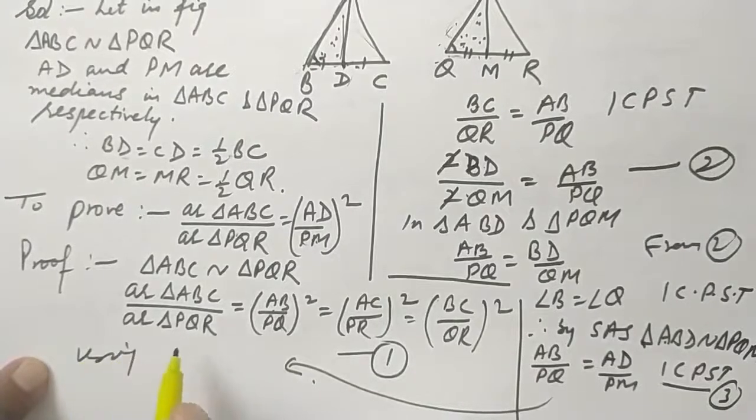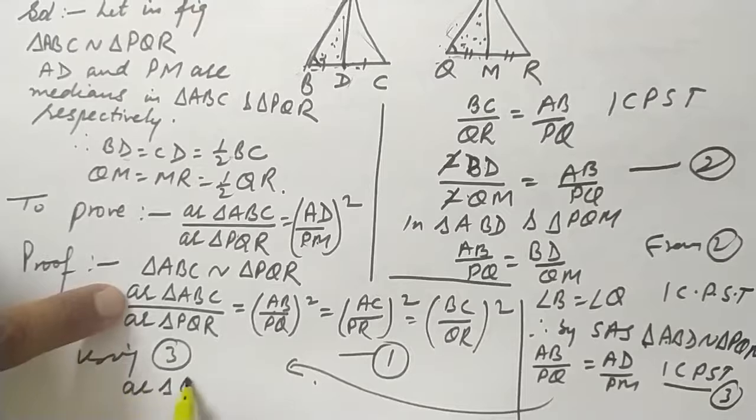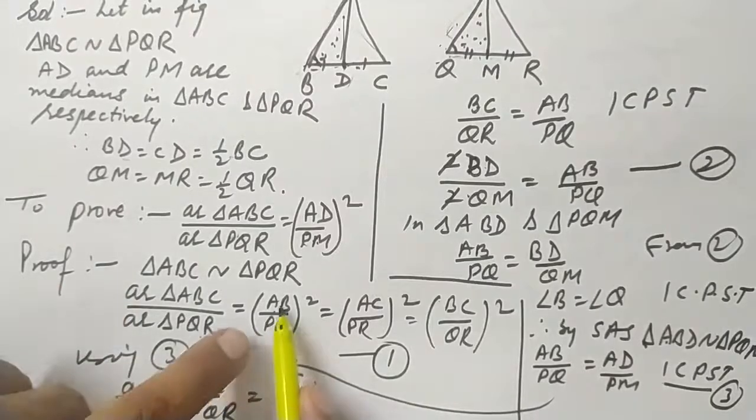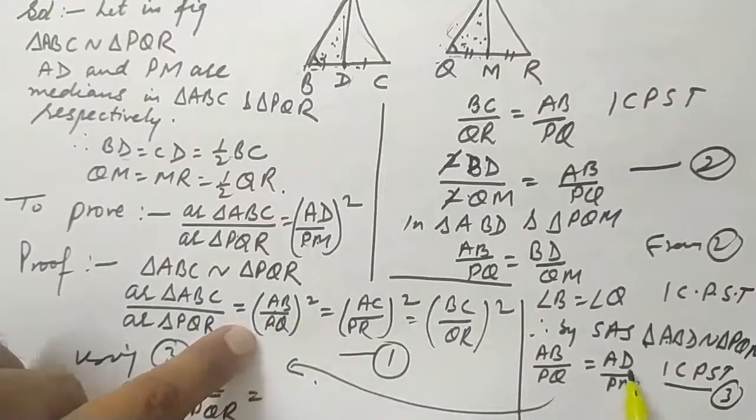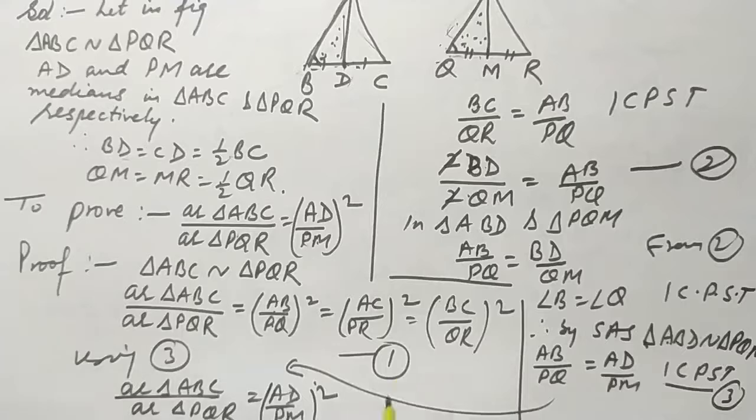Using 3, area of triangle ABC over area of triangle PQR is equal to AB over PQ squared. In place of AB over PQ, I'll write AD over PM, because I have proved these two equal, so AD over PM squared. This is what we needed to prove. So this way we'll do this question.